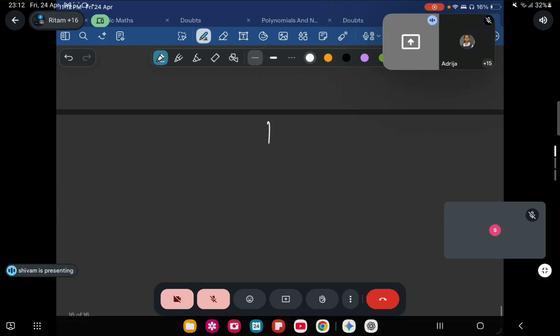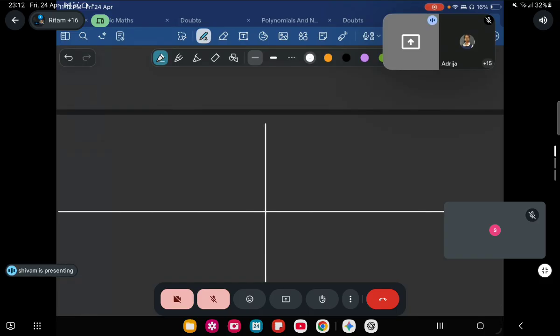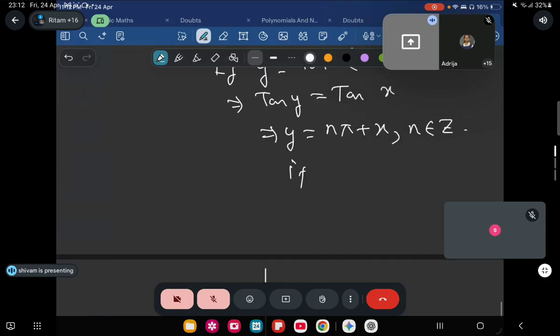Now let us draw the graph on the next page. N pi plus x. If n equal to 0, what is the value of y? Y will be equal to x. Right, tell me everyone, if n equal to 0.